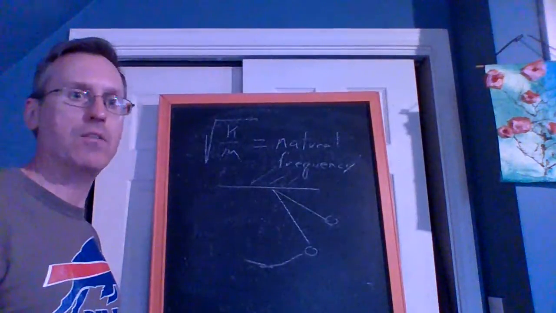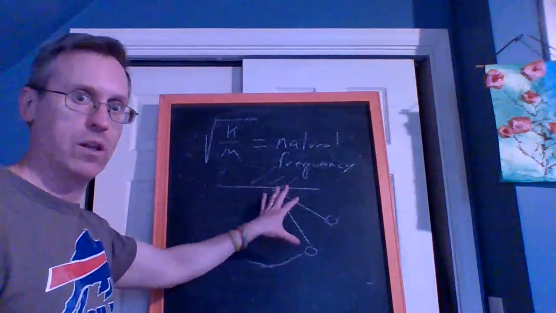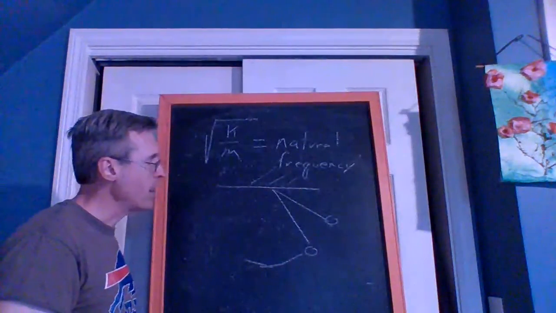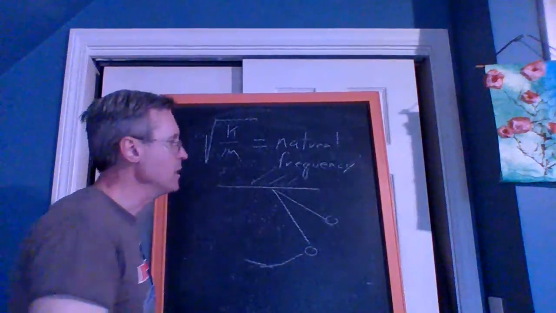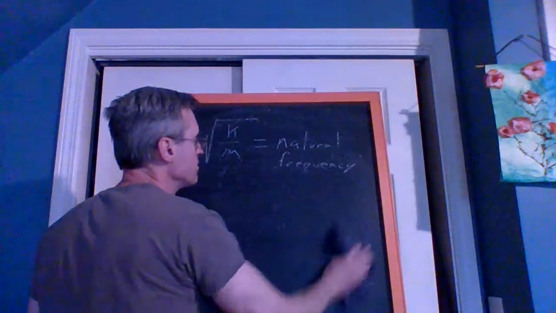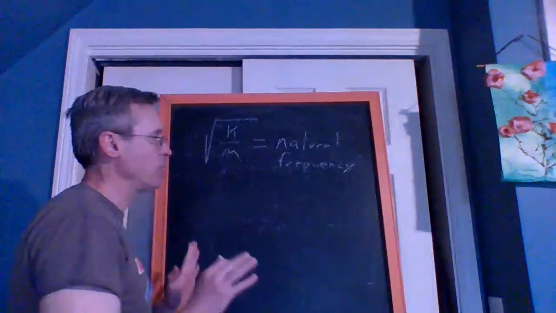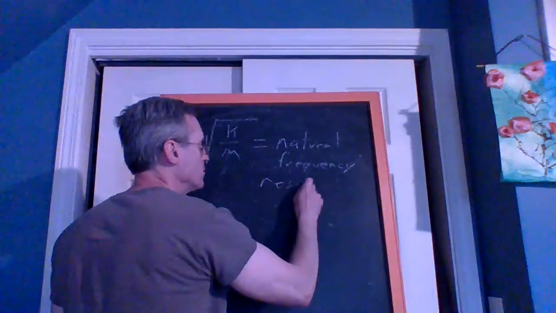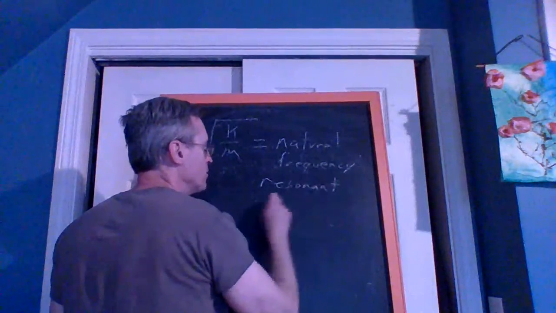That's something you found out earlier in the year when you did this with pendulums. So this is the natural frequency of an object, and it's sometimes also called the resonant frequency.